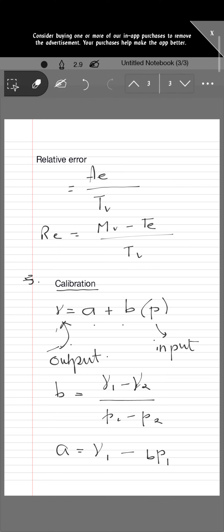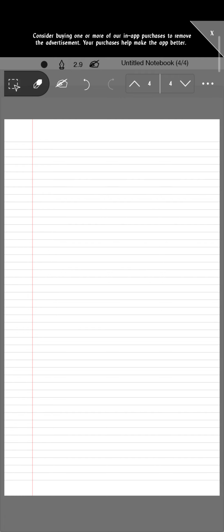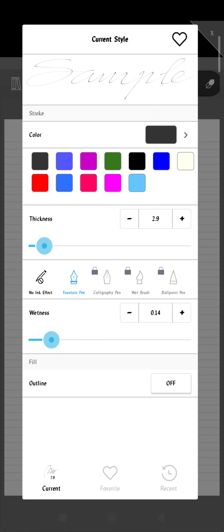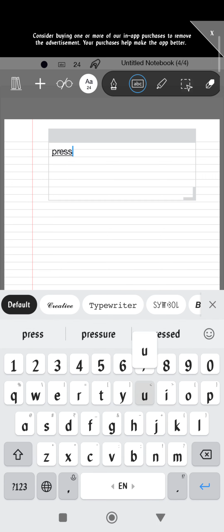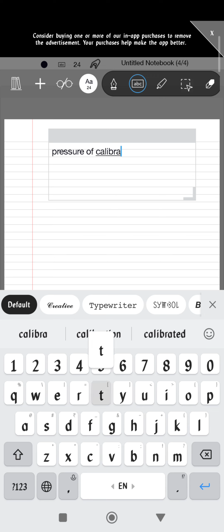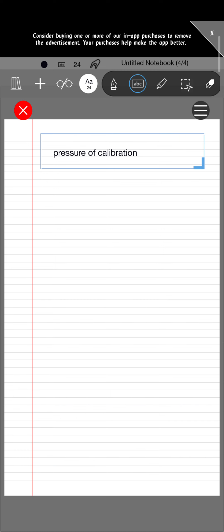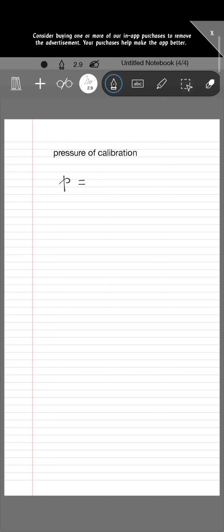So the pressure of calibration, the term called the pressure of calibration, can again be expressed as P, which is equal to gamma minus A divided by B. So the calibration error is actually a type of inaccuracy which is accepted by the manufacturers.